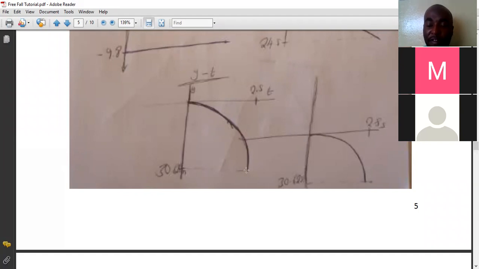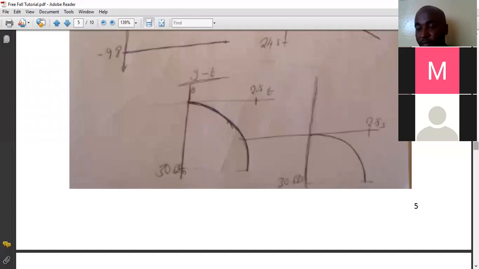It is half of a quadratic parabola. As we've seen, the maximum is below, after 2.5 seconds. It was 30.6 meters, just before it strikes the ground. Then you plot like that.